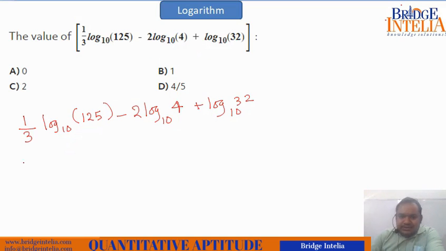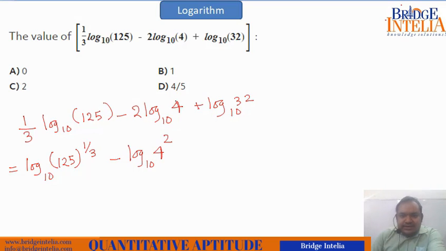So it is convenient. So what to do with 1 by 3? This 1 by 3 will go inside and take the form of exponent. So this can be written as log 125 raised to power 1 by 3 minus log 4 to the base 10 square.